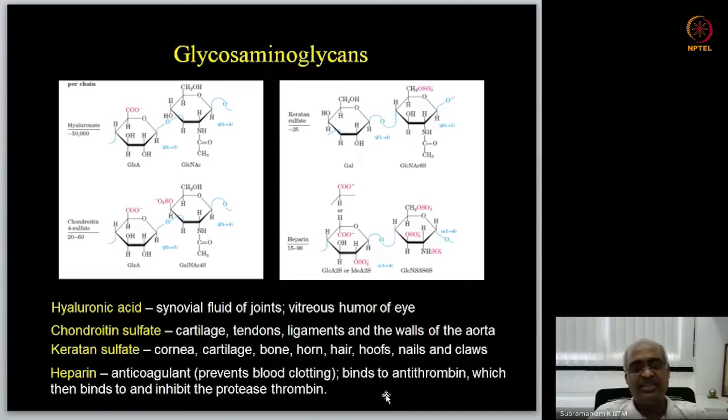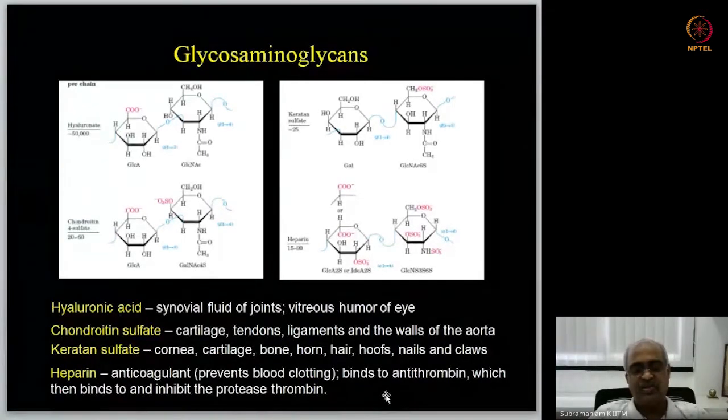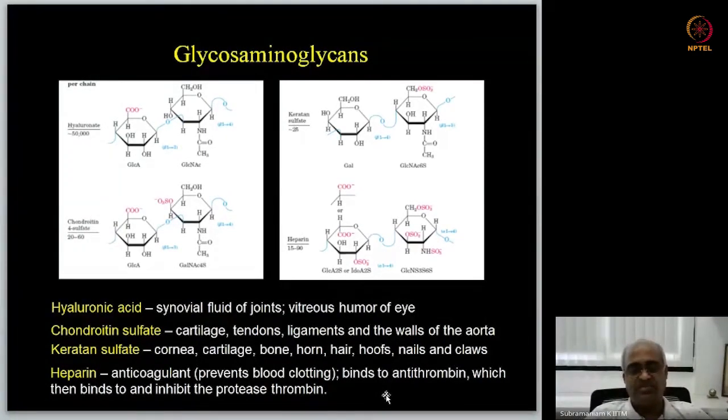Do not think, oh, I have to memorize this structure, which has the sulfate, which has the carboxylic acid, what is an epimer. Don't get distracted by that exam-oriented thought. Instead, look at the complexity coming from the simplicity in living systems.